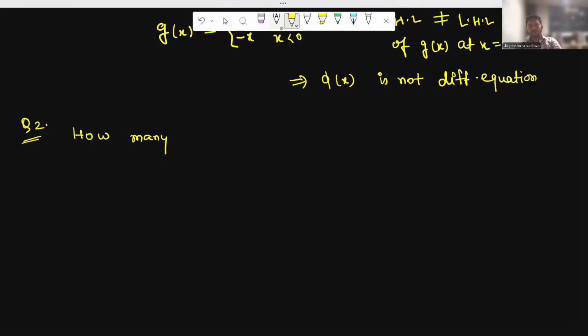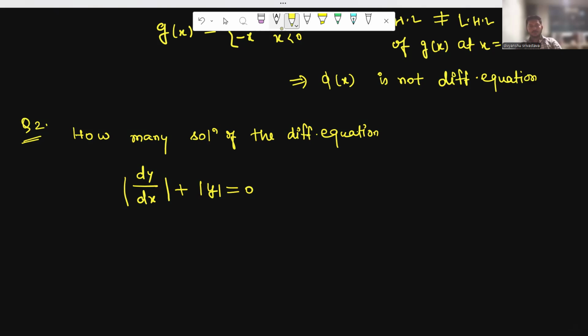How many solutions of the differential equation? And the differential equation is dy upon dx plus modulus of y which is equal to 0. Okay. And x belongs to R. So your solution looks like this.